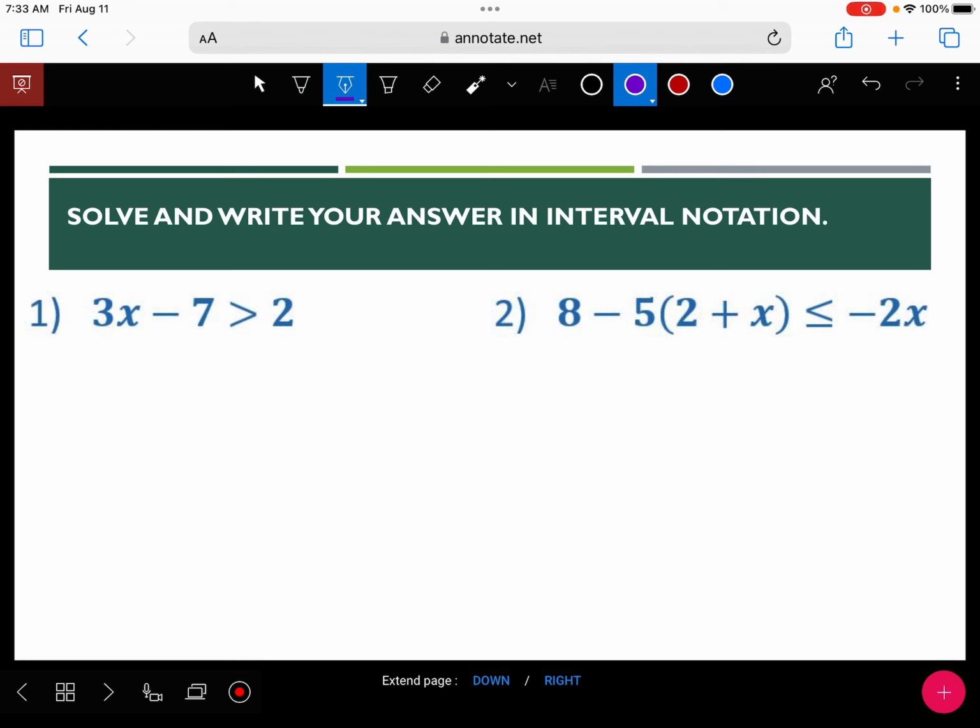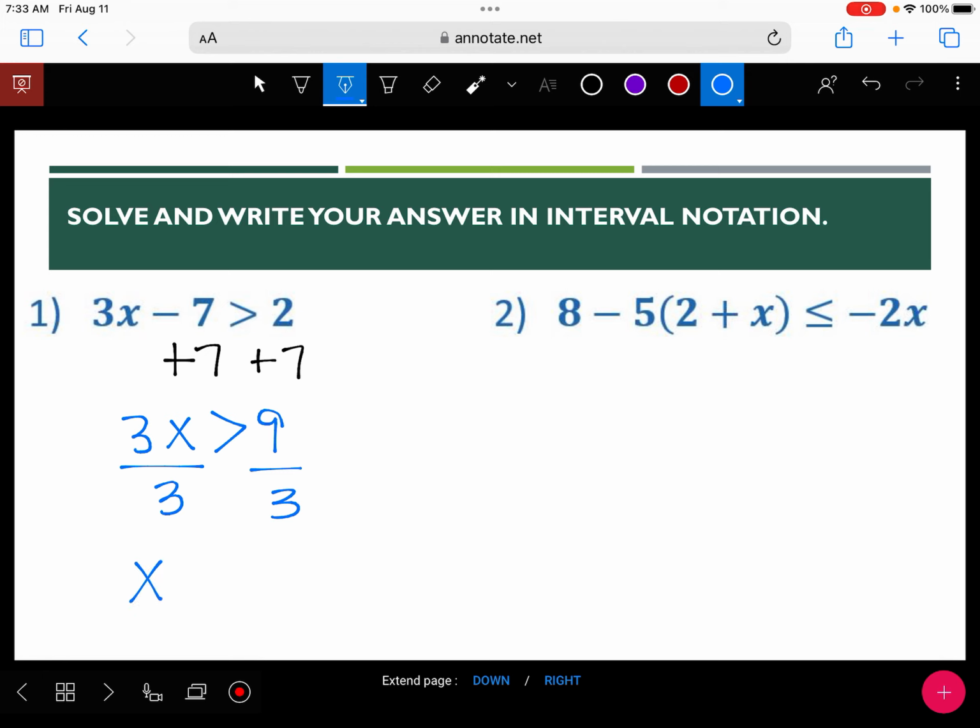So for question number 1, we would start off by adding the 7, which gives you 3x is greater than 9. And then how will we get rid of that 3? Divide. We only flip the inequality if you're dividing or multiplying by a negative.